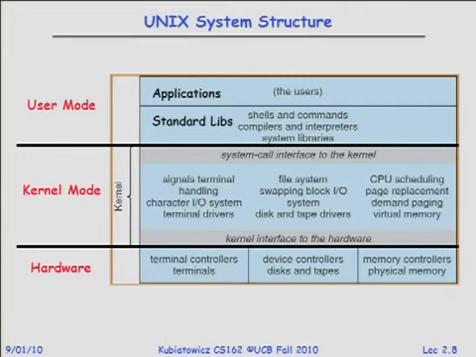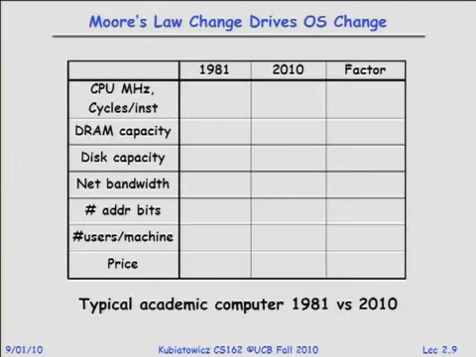Okay. So Moore's law, which we talked about last time, is an interesting little thing that's helping drive change. I thought I'd put together a table here so you can appreciate this. In 1981, we might have a 10 megahertz CPU, and it might take 3 to 10 cycles per instruction to execute.